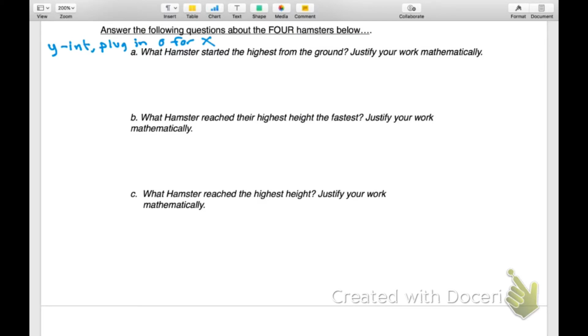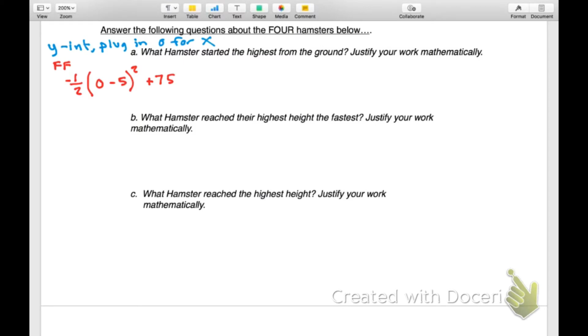Okay, so let's start with hamster 1, the Flying Fuzzball. I'm going to do the Flying Fuzzball in red. Again, we're plugging in 0 to find out how high this hamster started from the ground. So his formula was negative 1/2 times (0 minus 5) squared plus 75.